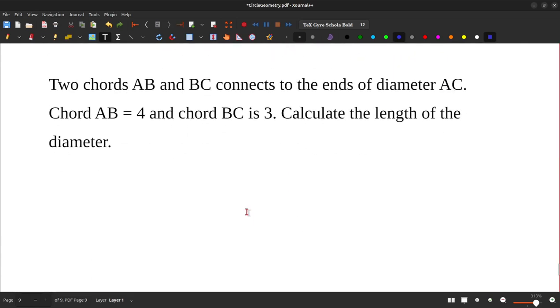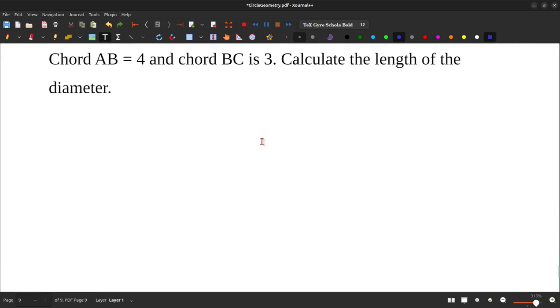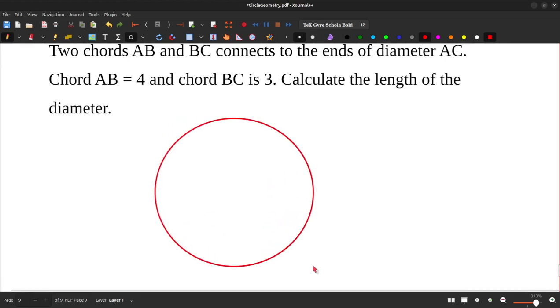Now there is another question. Two chords AB and BC connect to the end of a diameter AC. Chord AB is equals to 4 and chord BC is equals to 3. Calculate the length of the diameter. Let's try to sketch this thing so that everything is clear in our eyes what's actually happening here. That's my diameter.